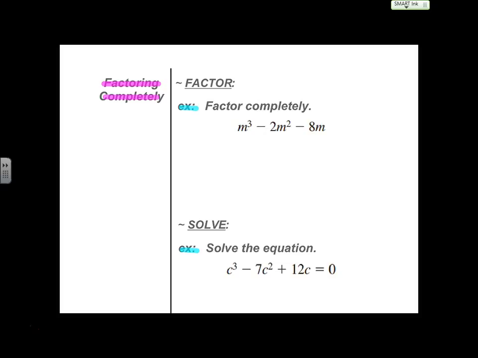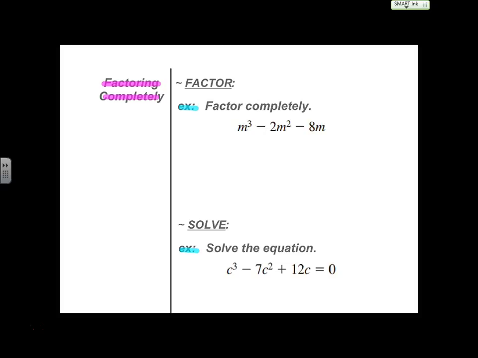Some of you in your quizzes, when you go to correct, when you read the word factor, when you read the word solve, might not have known what it was asking to do. But you saw it in homework, and you're going to see the same directions in the review, and on the test. So make sure you're paying attention to the words.